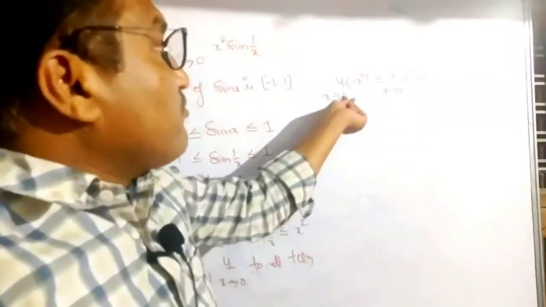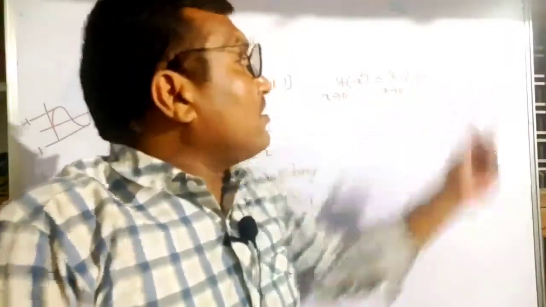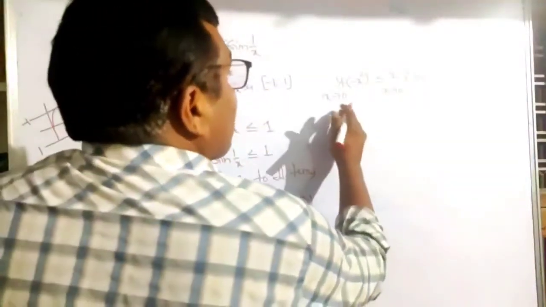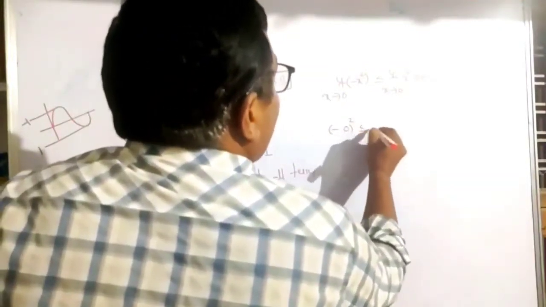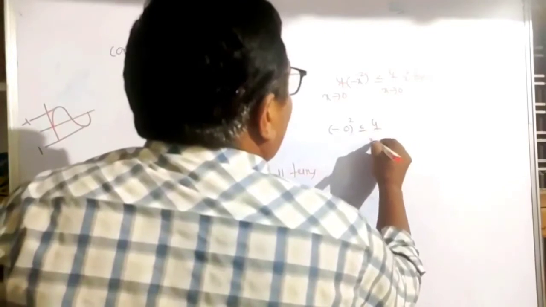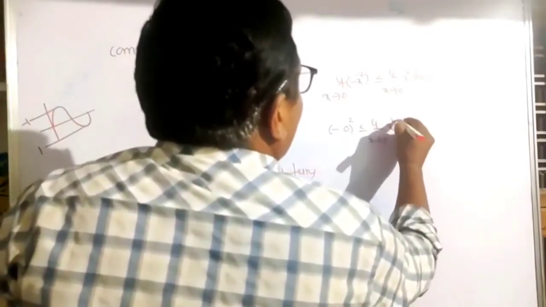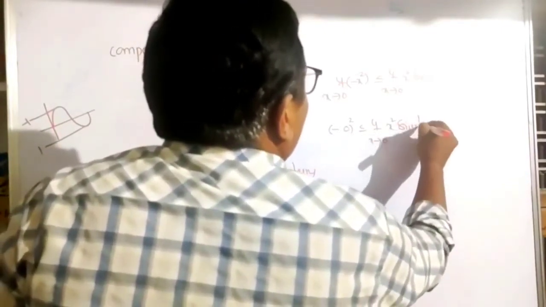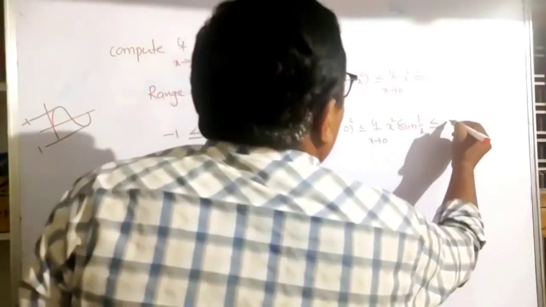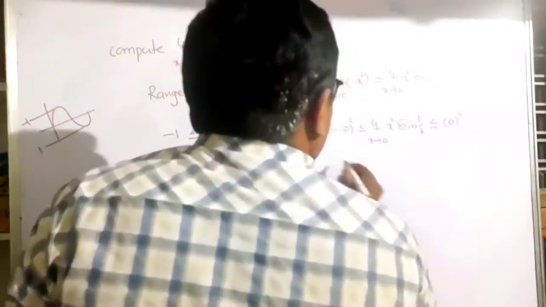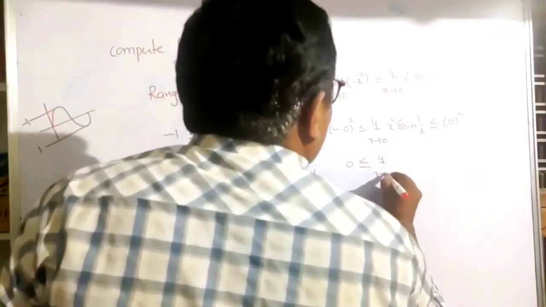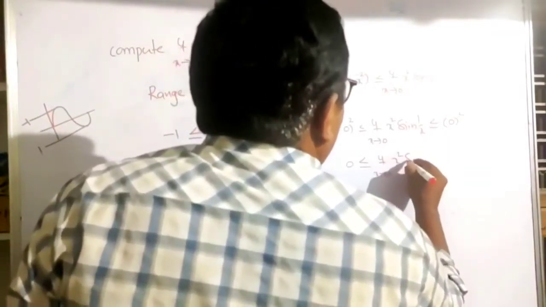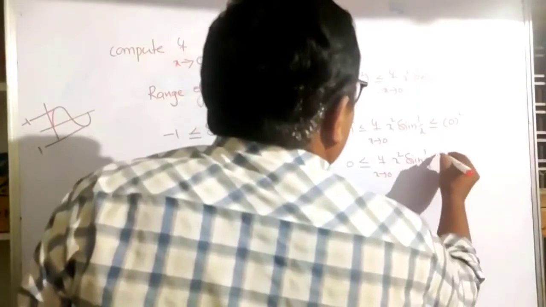If you write the x value here, it becomes minus 0 whole square less than or equal to the limit of x square sine 1 by x less than or equal to 0 square. That becomes 0 less than or equal to the limit of x square sine 1 by x less than or equal to 0.